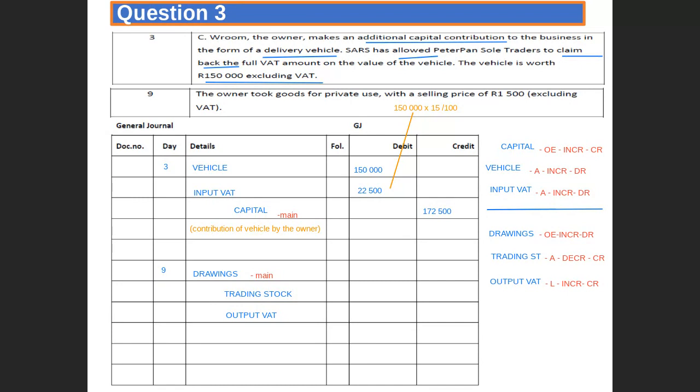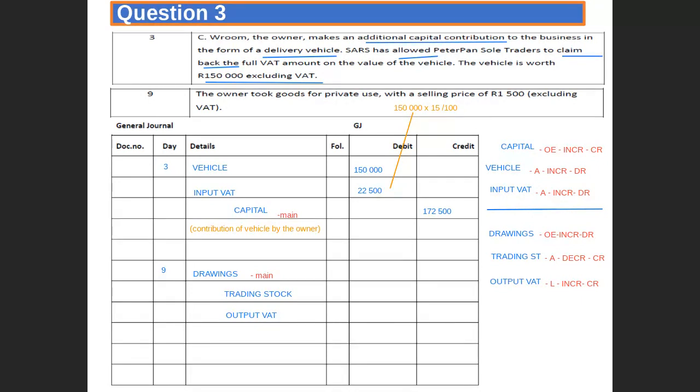So where must I record this 1,500, or how must I record it? On the debit side. Okay, no problem. Debit side of inventory. As you can see, it is excluding VAT. So obviously it's going to be in line with the trading inventory, okay? Because it's excluding VAT. Remember, the main account is the one that must have VAT.